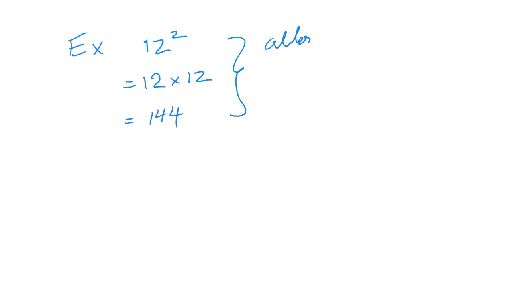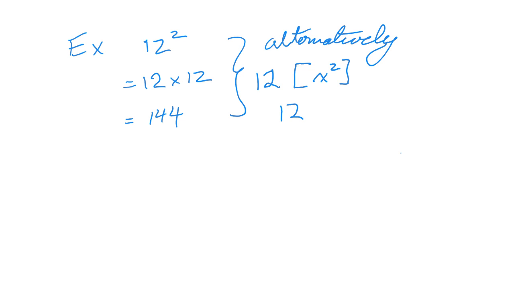Alternatively, you can write 12 on your calculator, and then hit x squared. Some other calculators, when you hit x squared, you're going to see something like 12 with the caret sign. That is how we calculate this 144 that we get as our final answer. Okay?